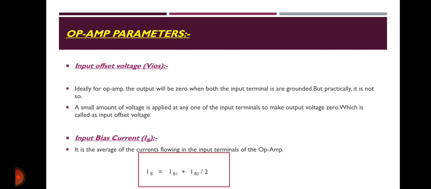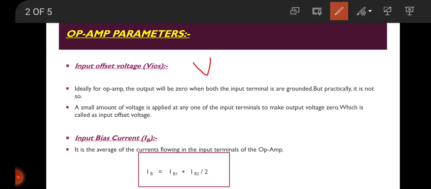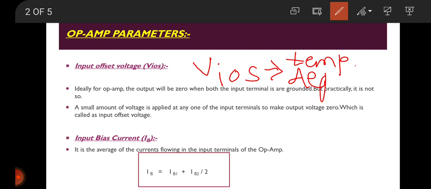It is expressed as VIOS, that is input offset voltage. The value of input offset voltage is temperature dependent.